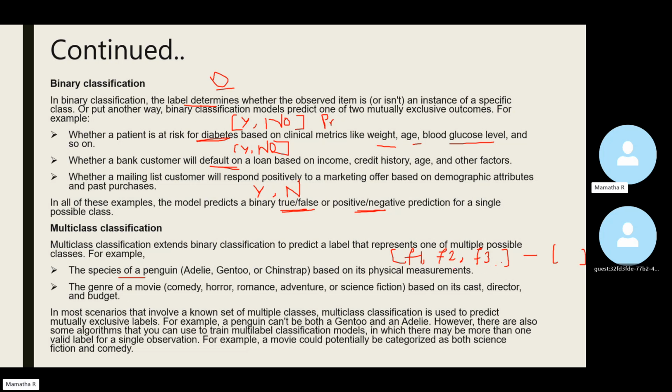Based on this condition, you need to map which one matches. You might have one, two, there might be 50 different species. Out of 50 species, you need to map which species it belongs to based on these features. So multi-class classification means the features will be more and the labels also will be more.